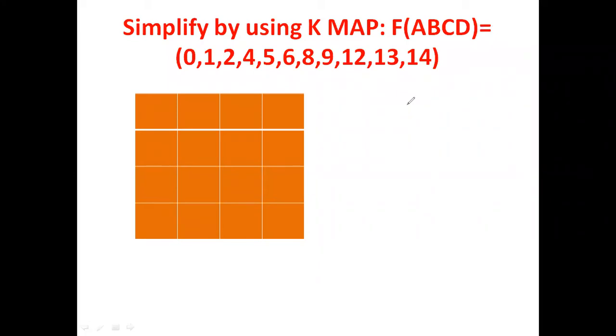As per those steps, we are going to reduce four variable equations. Here I am considering a simple problem, similar to the three variable Karnaugh map method of reduction.